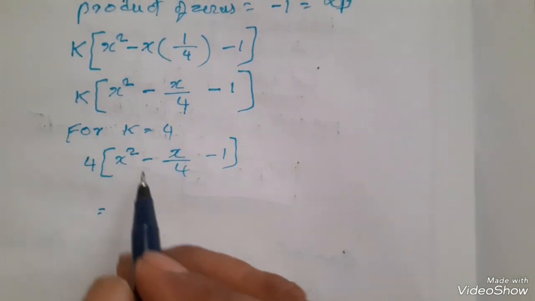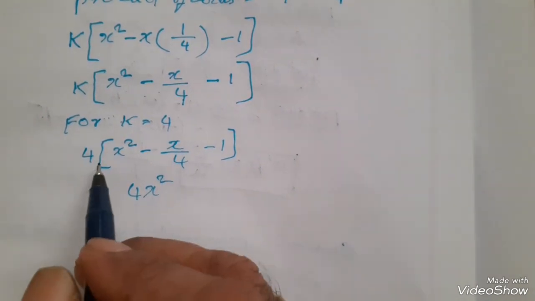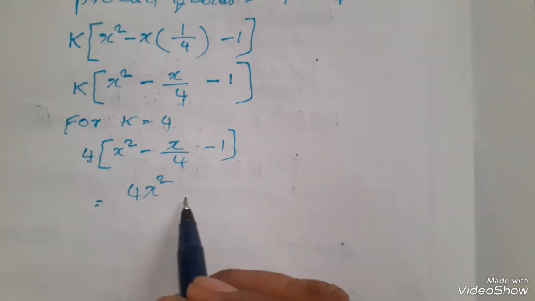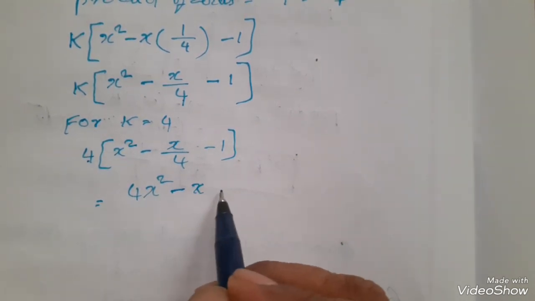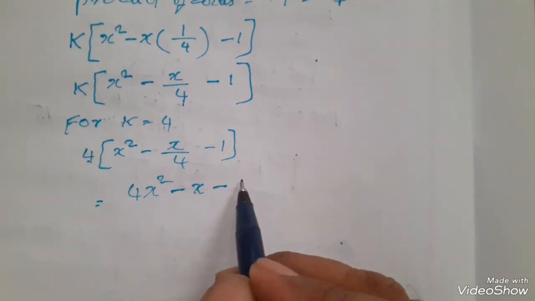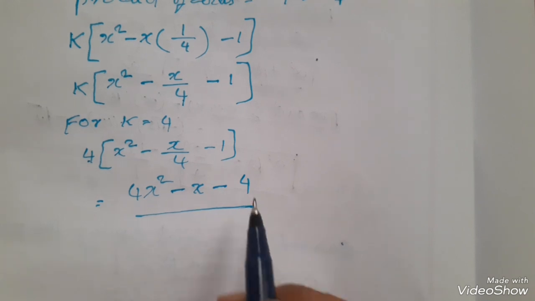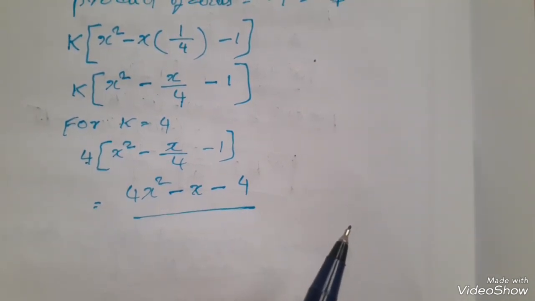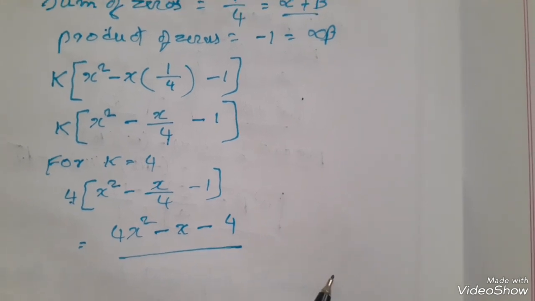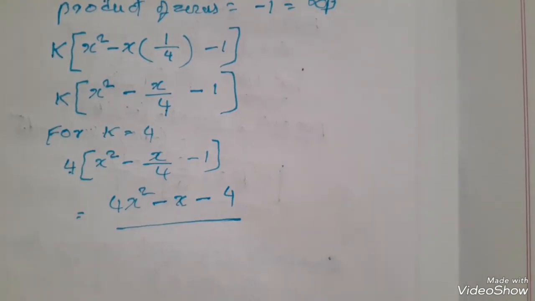Then we get 4 into x square, 4x square. 4 into minus x by 4, the 4 cancels, minus x. 4 into minus 1, minus 4. Now this is the quadratic polynomial whose sum of zeros is 1 by 4 and product of zeros is minus 1. Is it clear? Thank you.